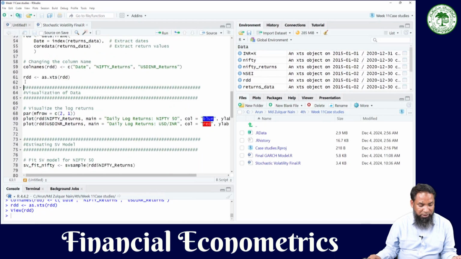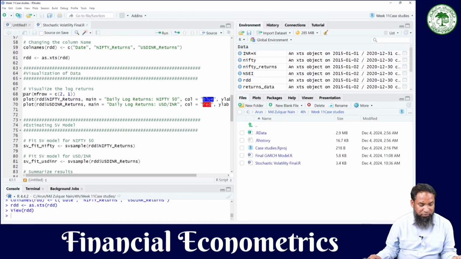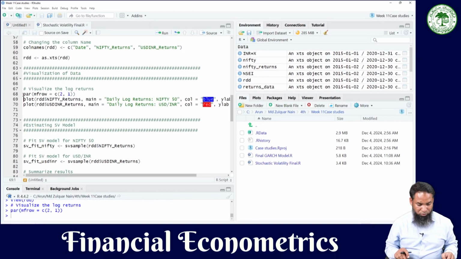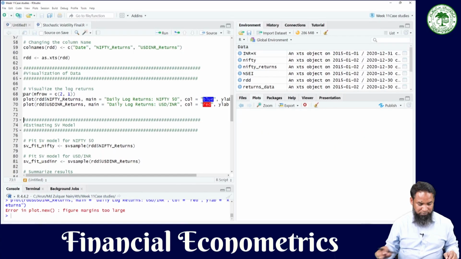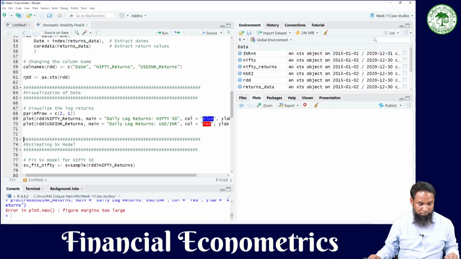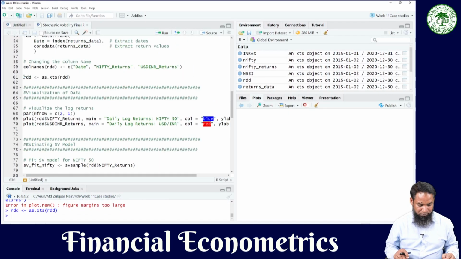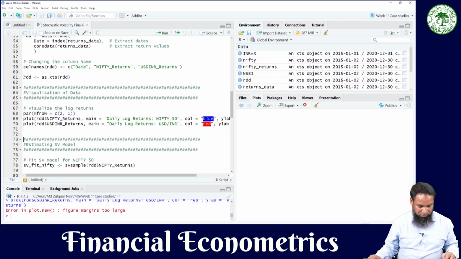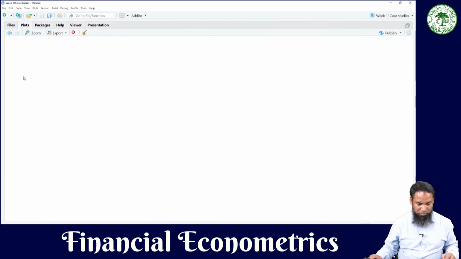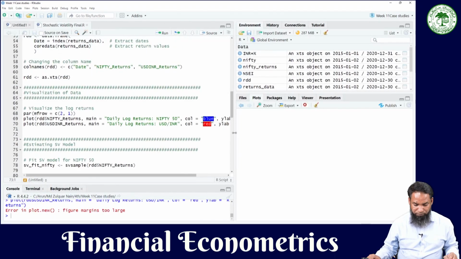Now converting that as the XDS here. Now let us first visualize those plots.